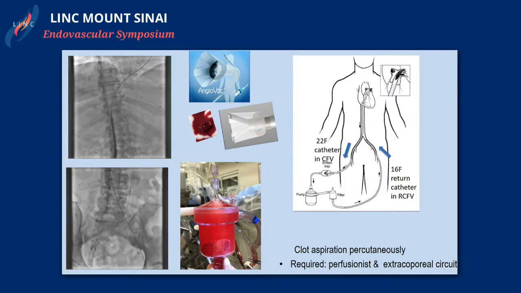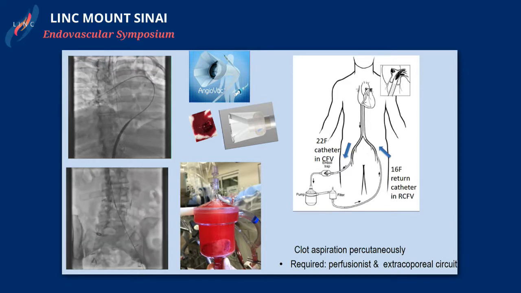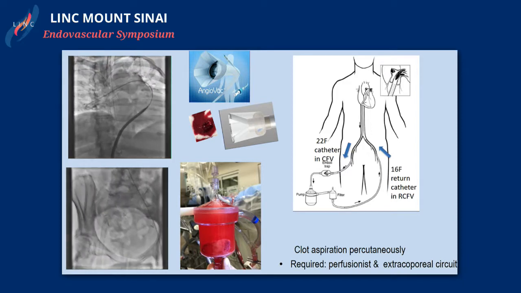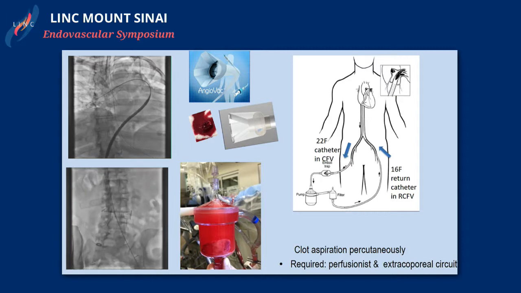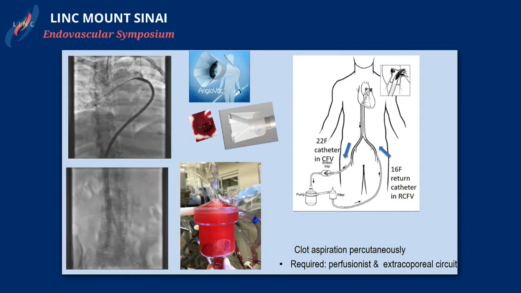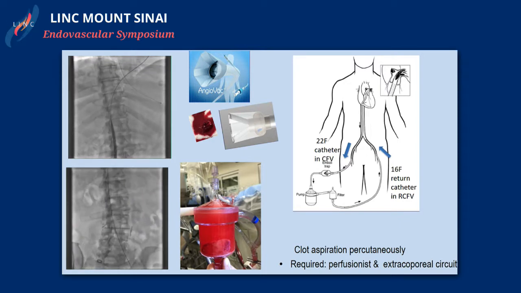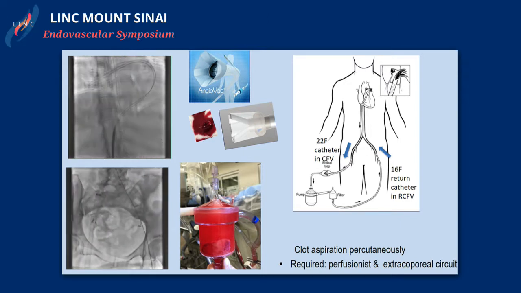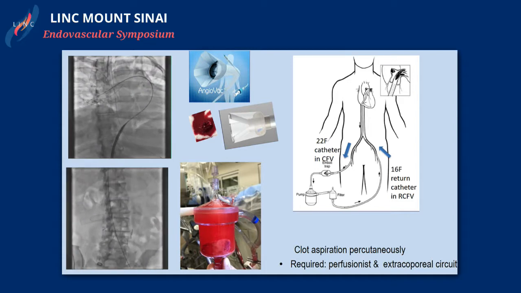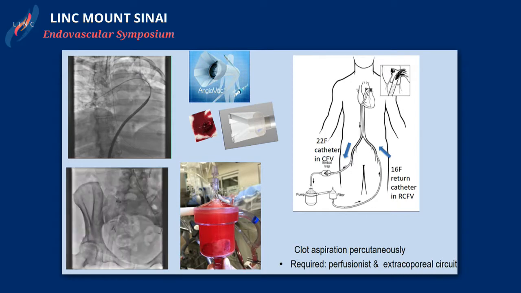One of the devices we want to discuss briefly is AngioVac, a device used for clot aspiration. As you can see at the bottom of the screen, it's a very large sheath, and you can see the catheter advanced into the pulmonary trunk, selectively in the right pulmonary artery, which uses suction into the device and out through the return catheter, and it's filtered, as you can see in the color picture.